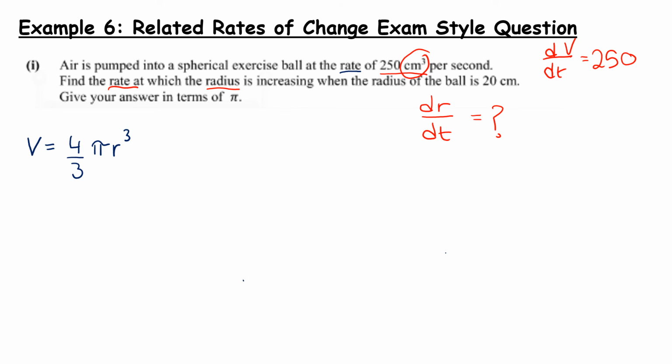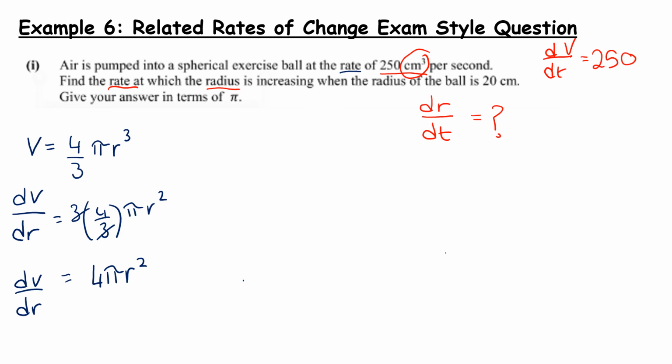But what I can work out is dV dr. I'm differentiating this with respect to r, multiplying by 3. So bring down your power, take 1 away from your power, and when we simplify this, we get 4 pi r squared. So that's dV dr.